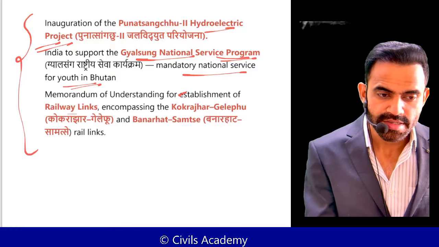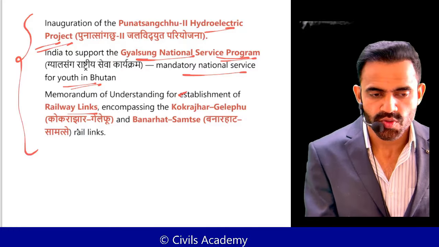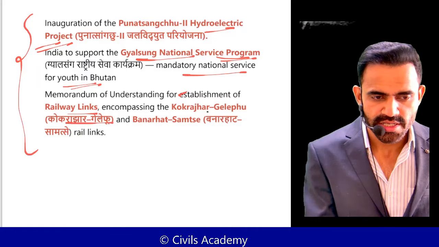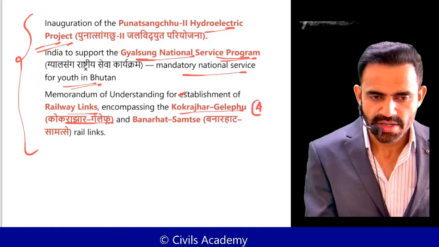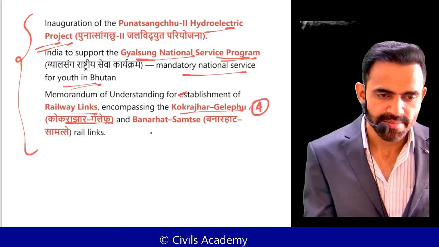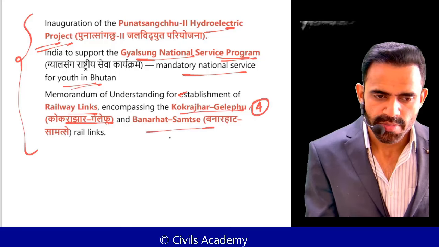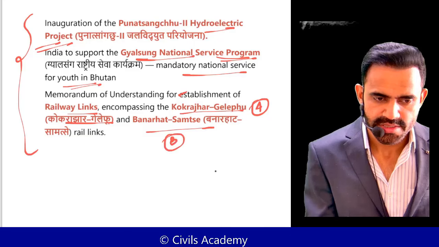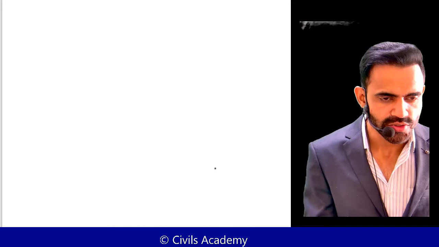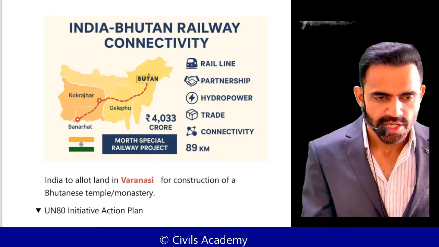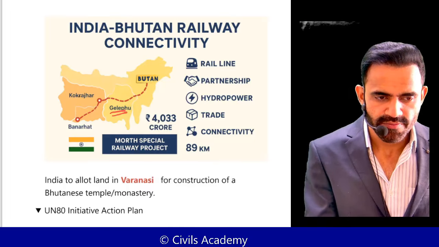And then there are rail link. This is important. One is Kokrajhar Gelephu. This is one link. This can be asked in exam. And second is Banarhat Samtse. So this is second link. I'm going to show you the map also. Wait a second. Yes. So this is Gelephu, and this is Kokrajhar.